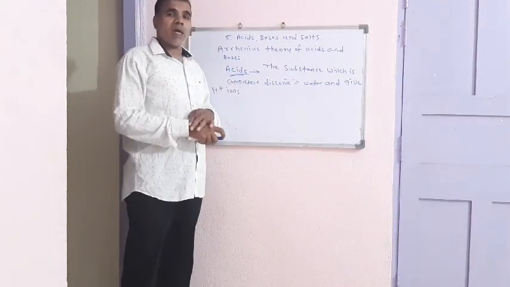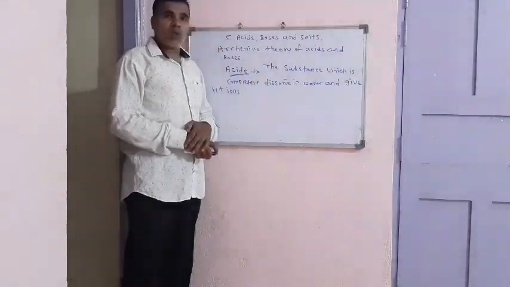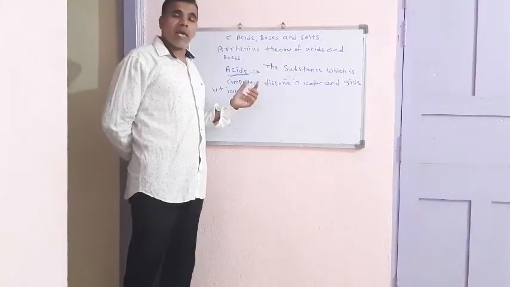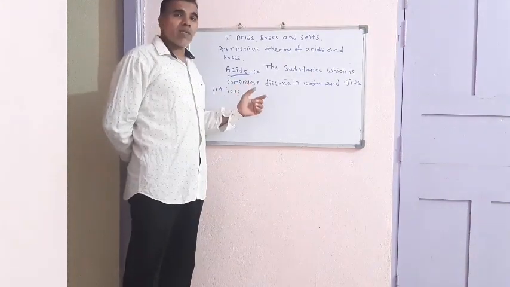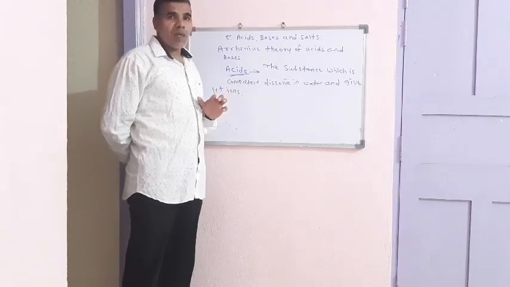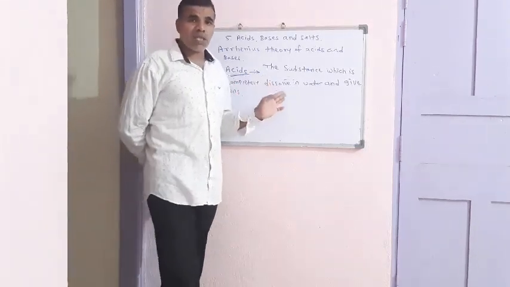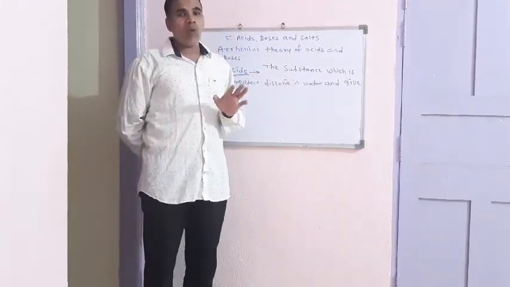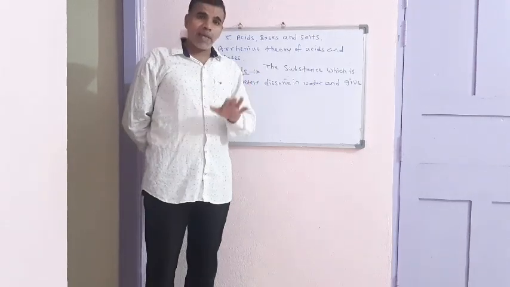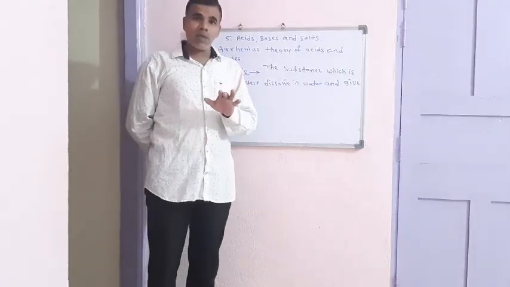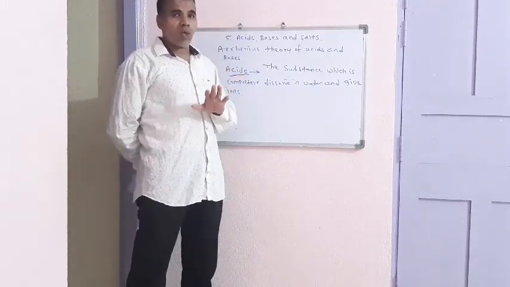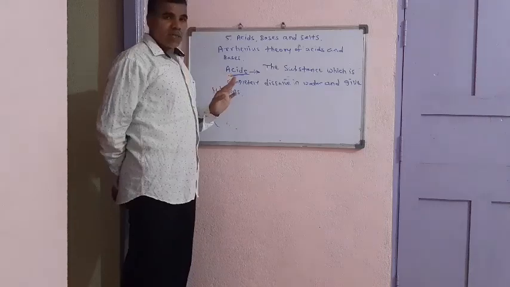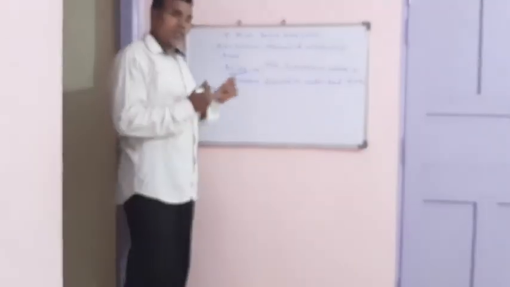जो पदार्थ पाण्यामध्ये पूर्णपणे विरघळतो आणि हायड्रोजन आयन्स मिळतात आणि ऍसिडिक रॅडिकल्स आपल्याला मिळतात, त्या पदार्थाला आपण ऍसिड म्हणता येईल. The substance which completely dissolves in water and gives H plus ions, that is cations or positive ions, and acidic radical are called acids.